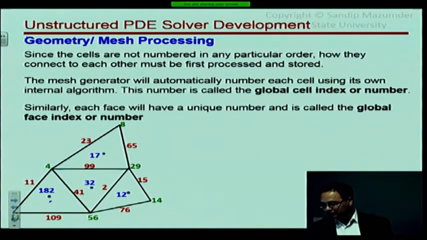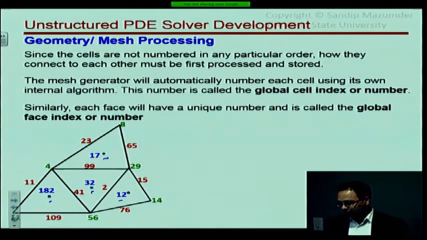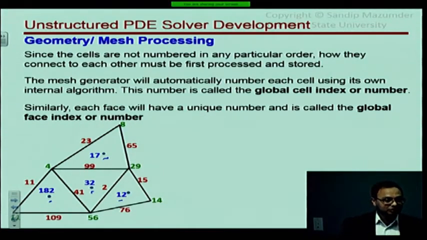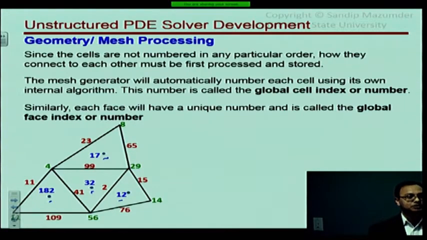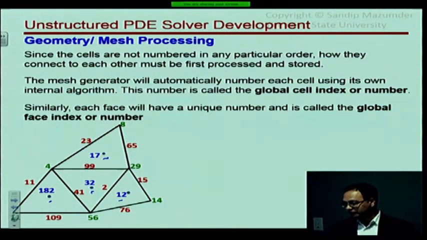Here are the cell center numbers in blue, the red numbers are the face numbers, and the green numbers are the vertex numbers. The vertex numbers are what finite element people typically refer to as nodes, the ones they use for their computations. Whereas in finite volume, we are more interested in the cell centers. That's where we store our information.